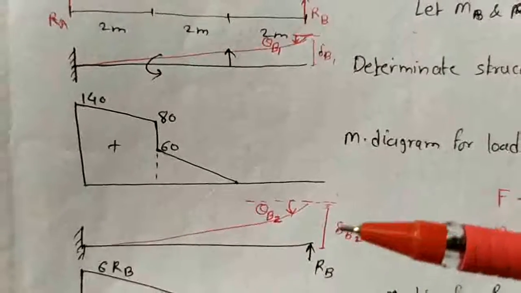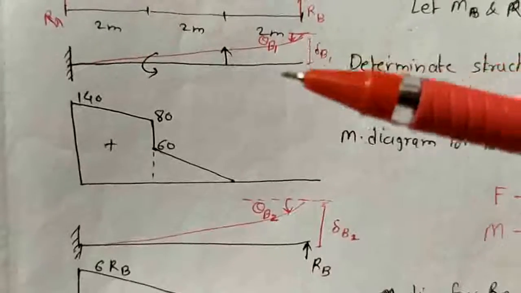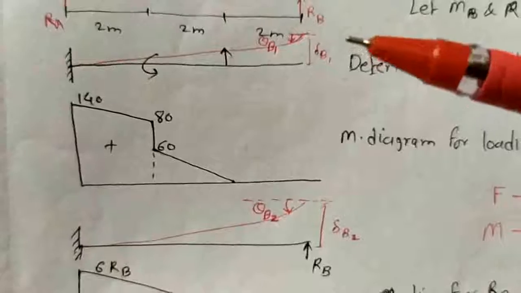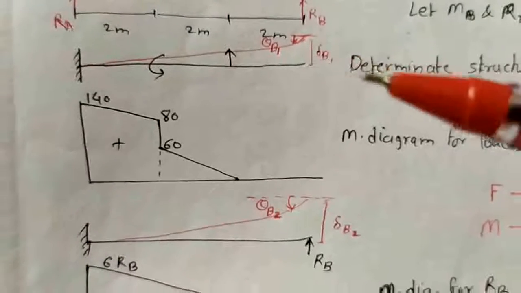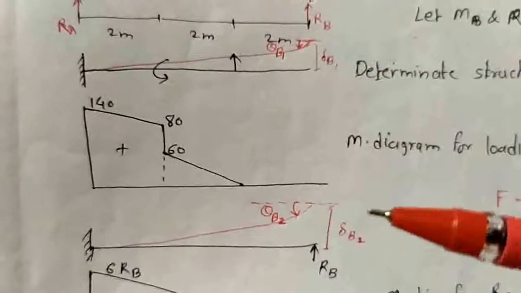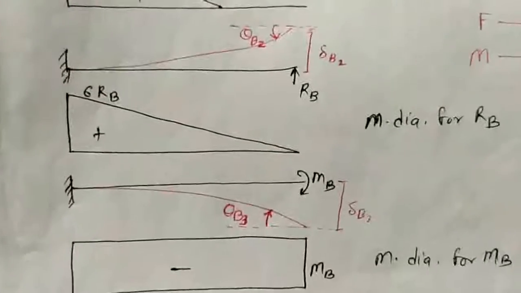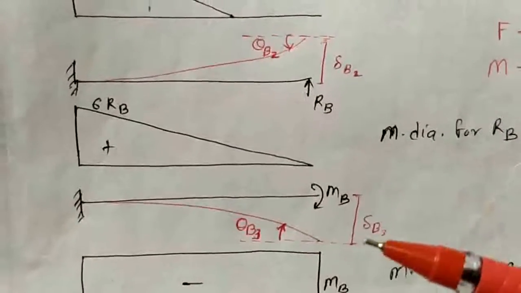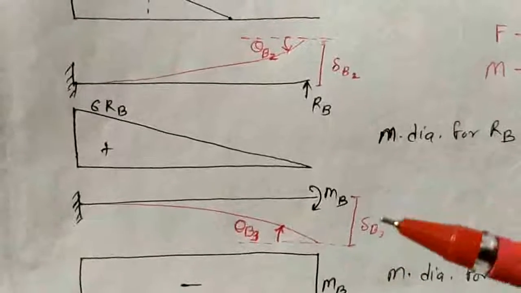This we are taking as positive. Of course, because of the application of loading also we are getting upward displacement. That's why I take this also as positive. So delta B1 will be positive, delta B2 will also be positive, and delta B3 here is a displacement in the downward direction, so take it as negative.